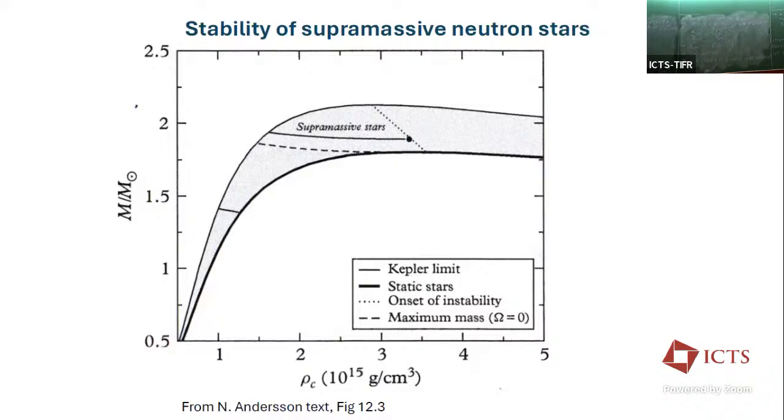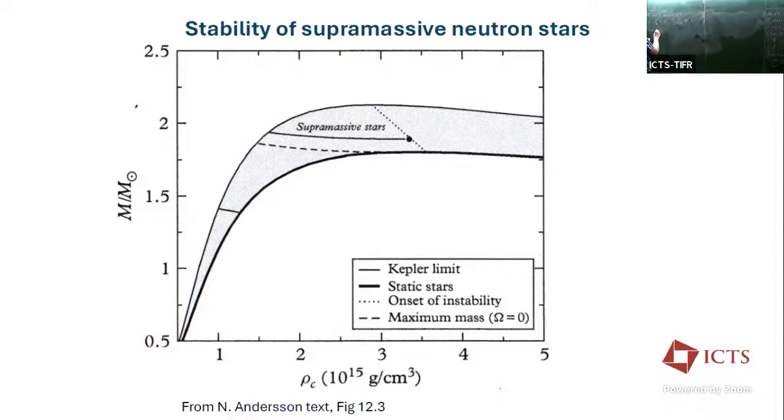So the field energy, I'll call U sub B, is 1 over 2 mu naught times B squared, the square of the field, integrated over all of space, inside the star and outside the star.